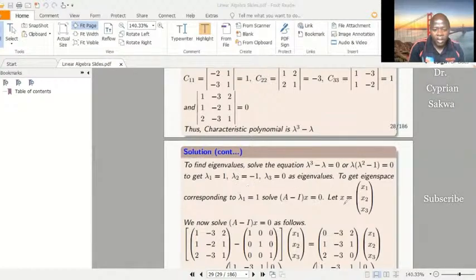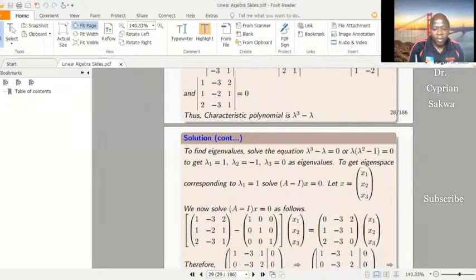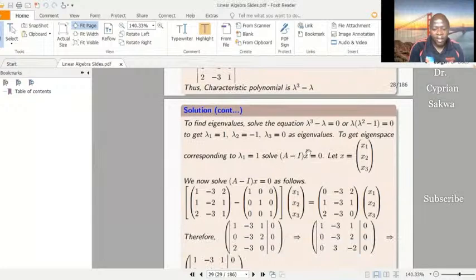So I say let X be x1, x2, x3, because we are dealing with a 3 by 3 matrix. Then you know that what I need to do is get matrix A minus lambda I multiplied by x and equal to 0, and see whether I can find the value of x, because we already know what lambda is.